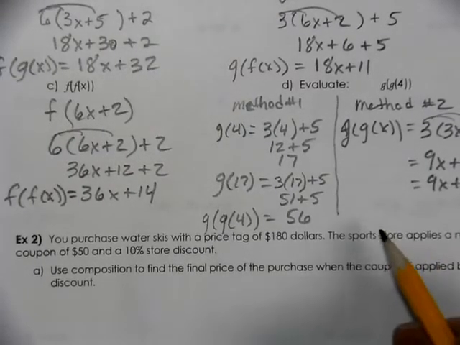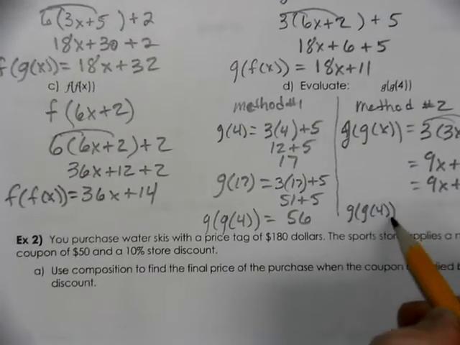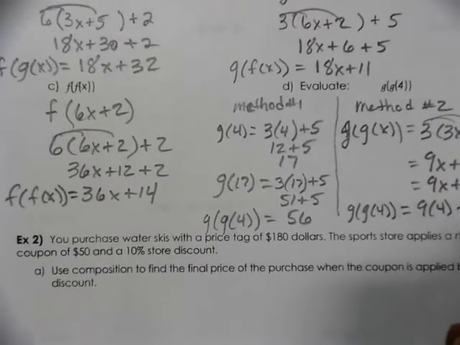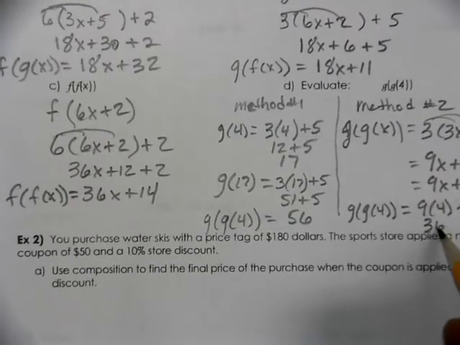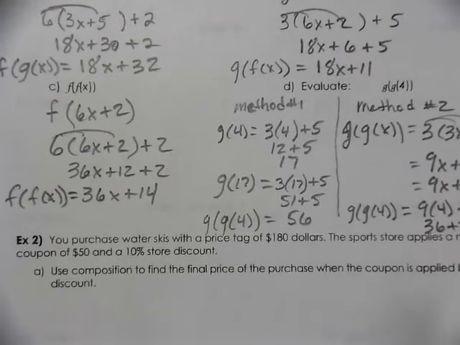Now we're going to figure out what g of g of 4 is. That's 9 times 4 plus 20, which is 36 plus 20, which is 56.